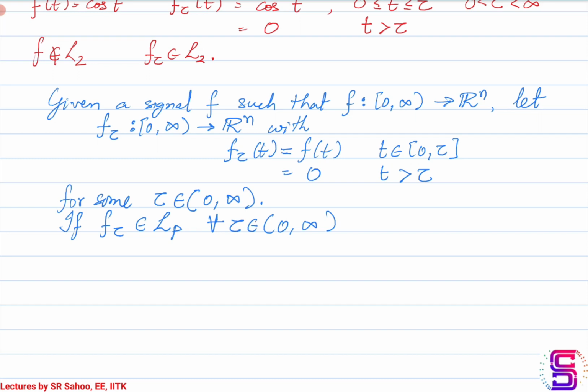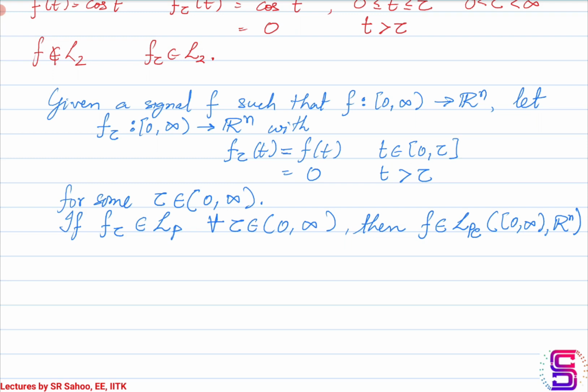If all the possible truncations f_tau belong to the LP space, then f is in the LP extended space. Since we are talking of the time interval 0 to infinity, this is the extended LP space for 0 to infinity, R^n.